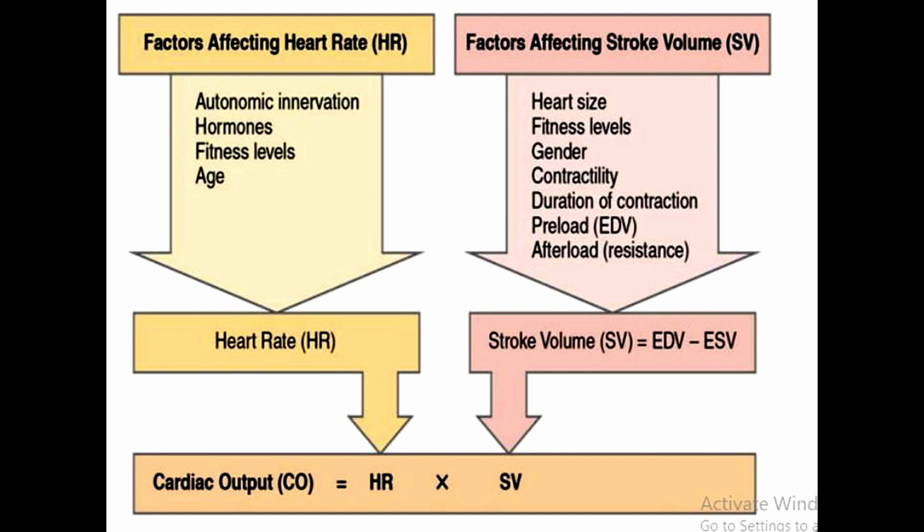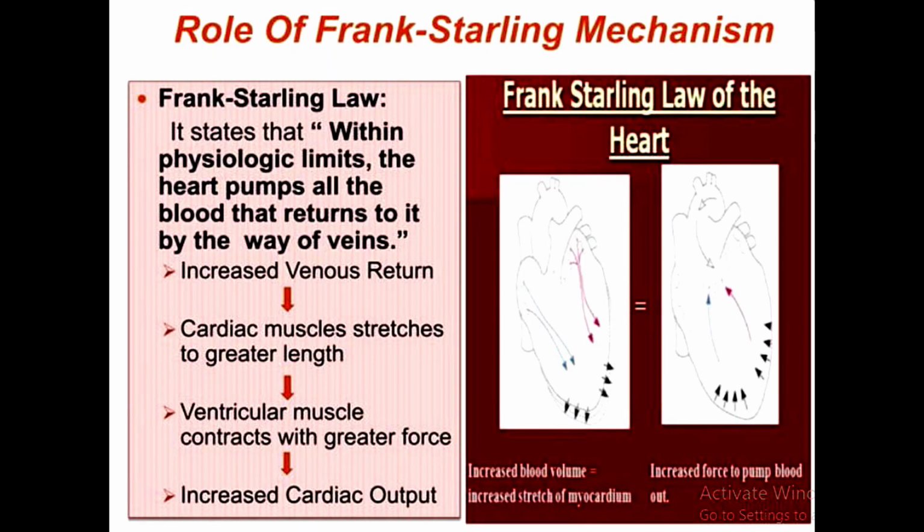Second is the force of contraction. The cardiac output is directly proportional to the force of contraction. According to the Frank-Starling law, the force of contraction of the heart is directly proportional to the initial length of the muscle fibers before the onset of the contraction. So the force of contraction depends upon preload and afterload. The preload is stretching of the cardiac muscle fibers at the end of diastole, just before the contraction. It is due to an increase in the ventricular pressure caused by filling of blood during diastole.